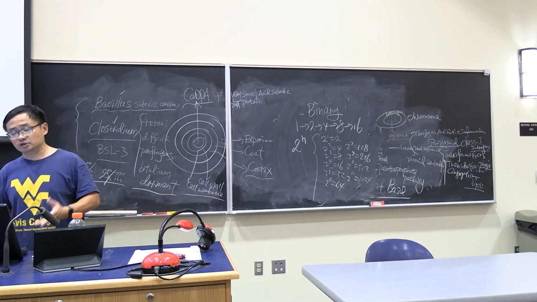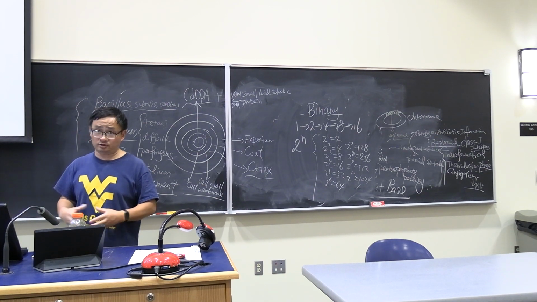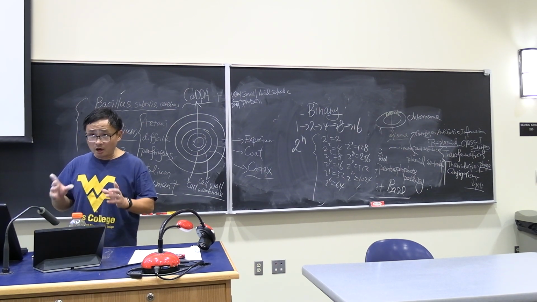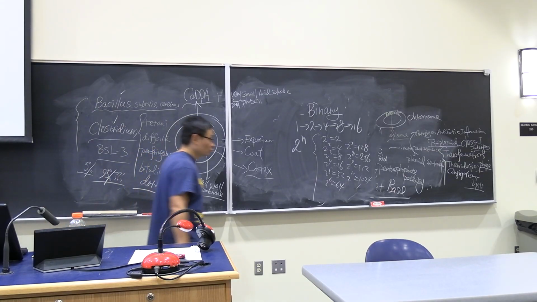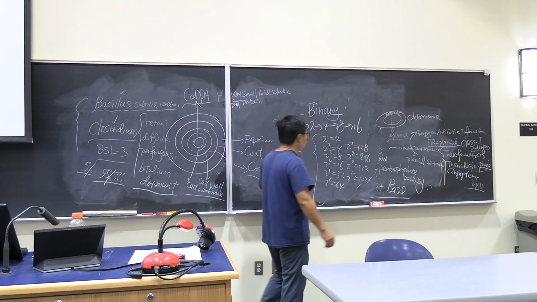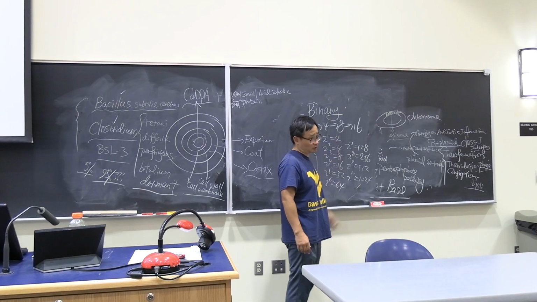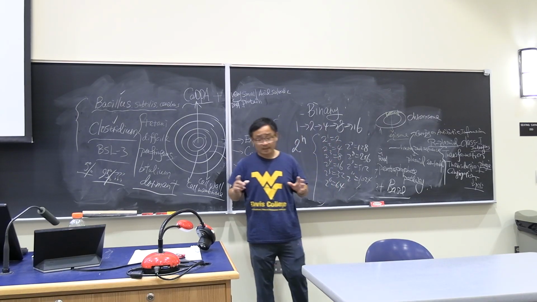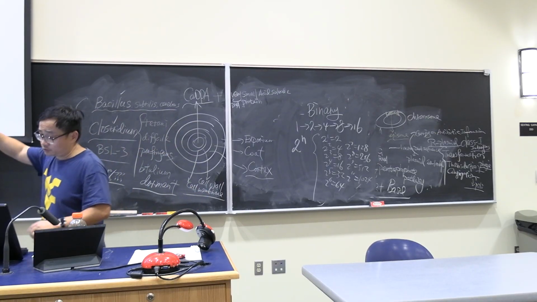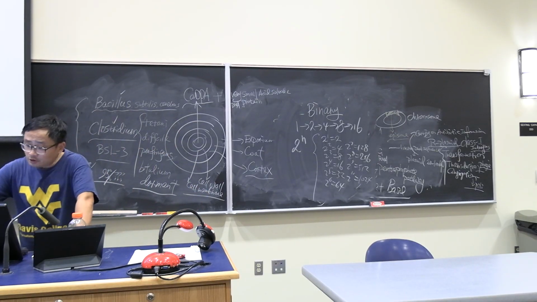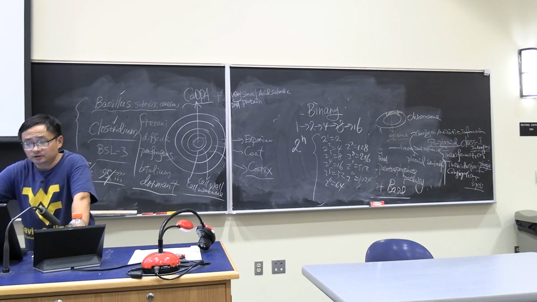Then we come to the concept of generation time, which means how long it takes for bacteria to go from one cell to two cells, two cells to 4, to 8, 8 to 16. That's called generation time. We also call it doubling time. Here tells you something: E. coli grows very quickly.